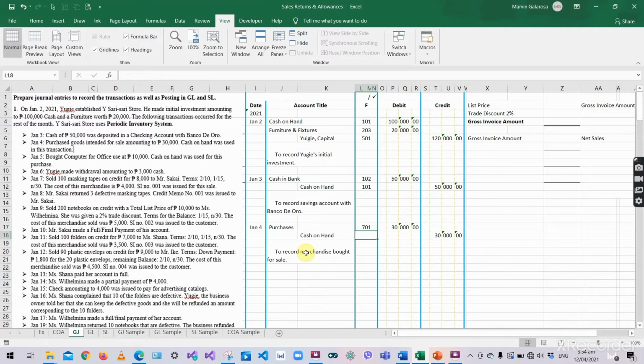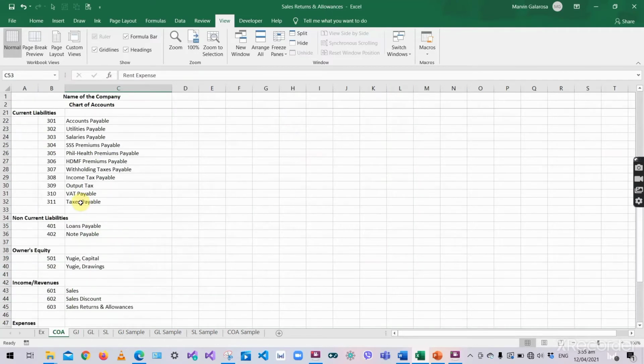Lagay natin yung reference, 101. January 5. Bought computer for office use at 10,000 pesos. Cash on hand was used for this purchase.